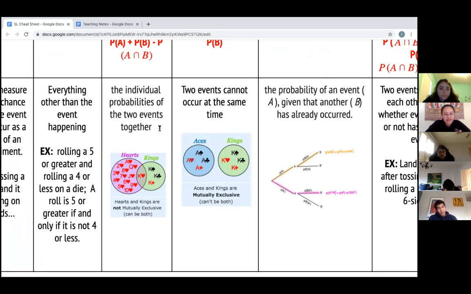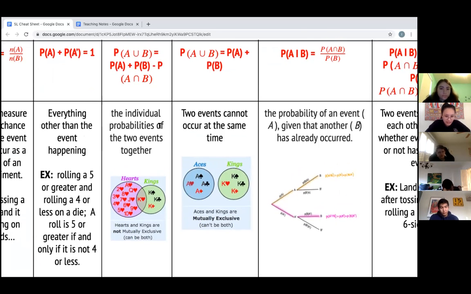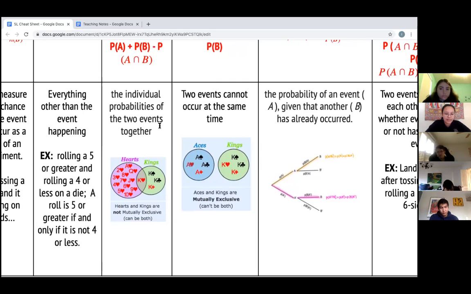If you're using this cheat sheet digitally, it's going to be easier to look at, but it's basically saying hearts and kings are not mutually exclusive. It can be both. So over here, you can take a look at how this Venn diagram intersects. And mutually exclusive, on the other hand, is events that do not overlap. So as you can see here, aces and kings are mutually exclusive.